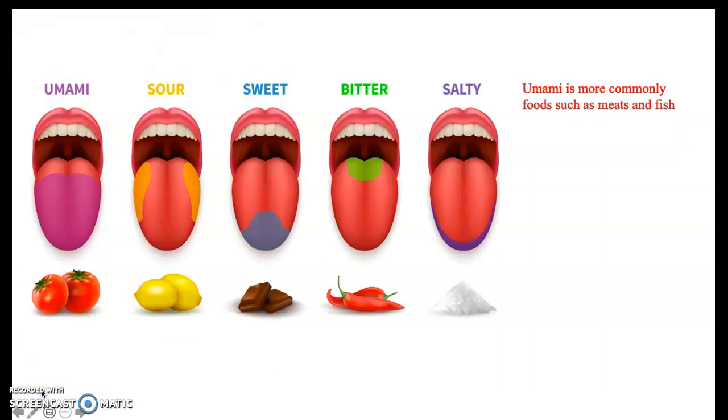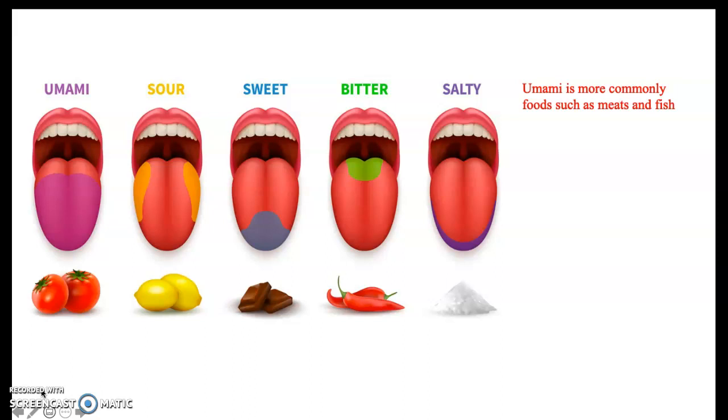Okay, so finally we just have your taste sensations, which there are 5: umami, sour, sweet, bitter, salty. I think the last 4 explain themselves. Some people may not know about umami, which is your more common sort of main foods that make up your diet.